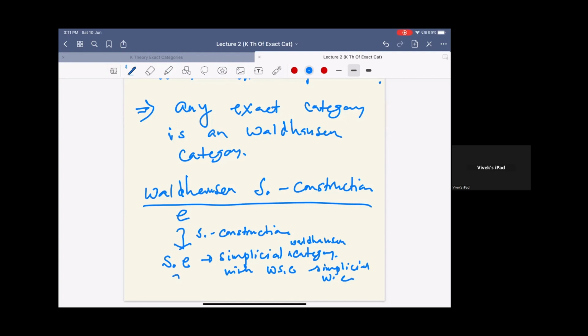And then there is a natural way to get a topological space. So take the geometric realization. Okay. And then consider this topological space. In fact, it's a connected topological space. One can check it. Okay.